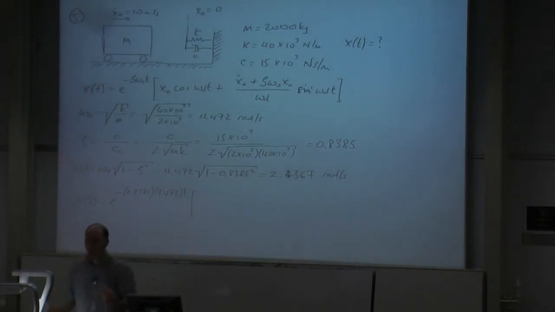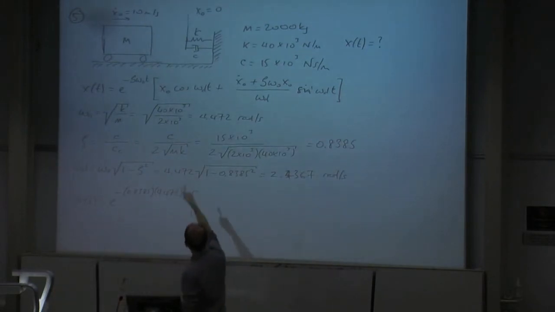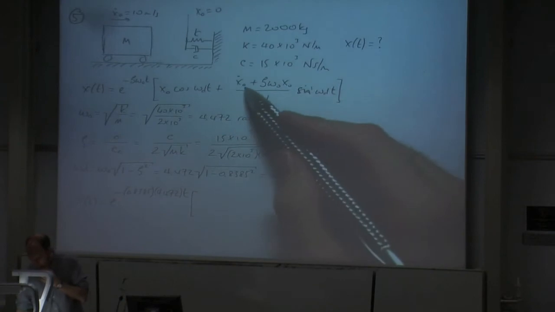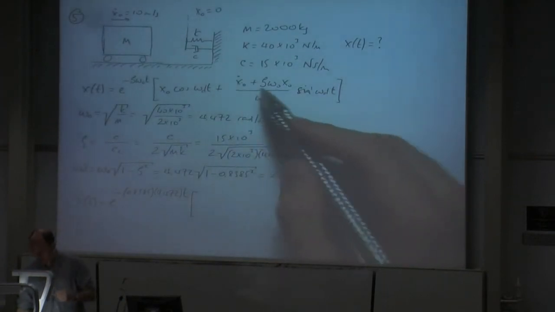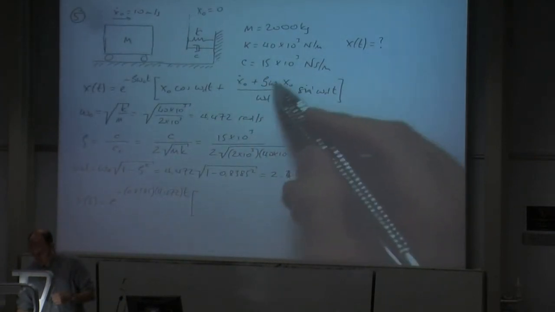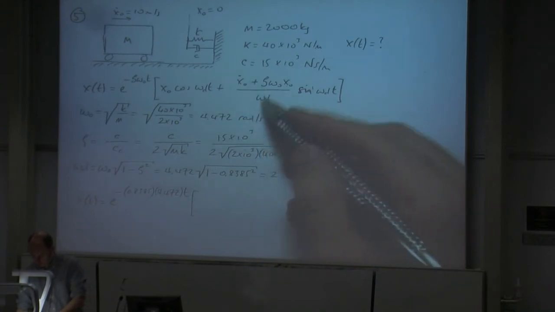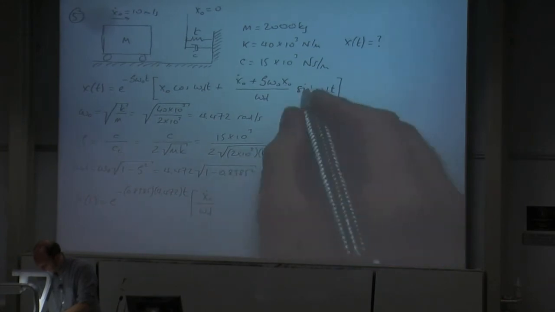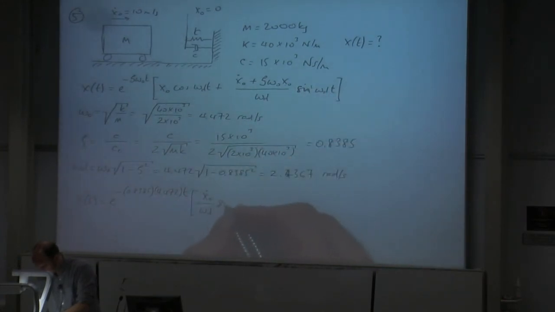Well, x naught we know is 0, so that cosine term just disappears. We don't need to worry about it. But over here we've got an x dot naught, which isn't 0. So we have x dot naught over omega d, times sine omega d t.